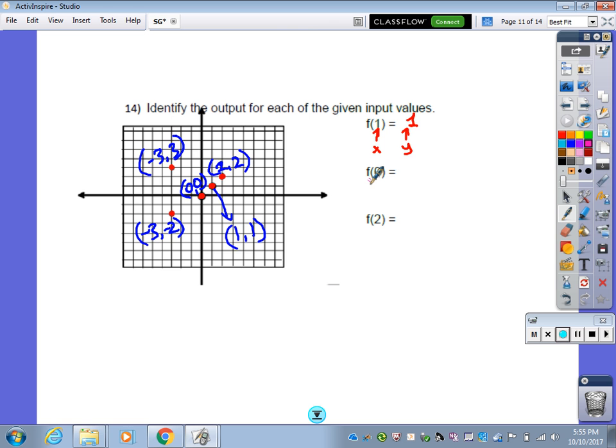For the next point, f of 0, when x is 0, y value is also 0. Last one, when x is positive 2, y value is also positive 2. That's how I would find the corresponding y values.